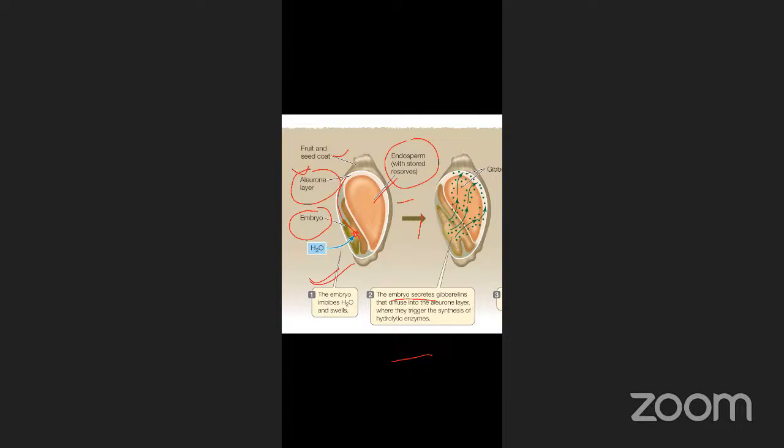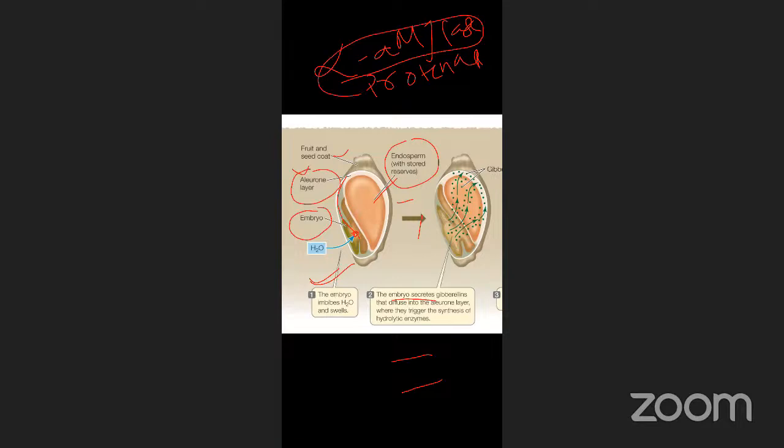Alpha amylase enzyme. One is alpha amylase, or proteinase enzyme. Right. So after formation of alpha amylase and or proteinase, anyone or both, where is the storage food material present inside the seed?